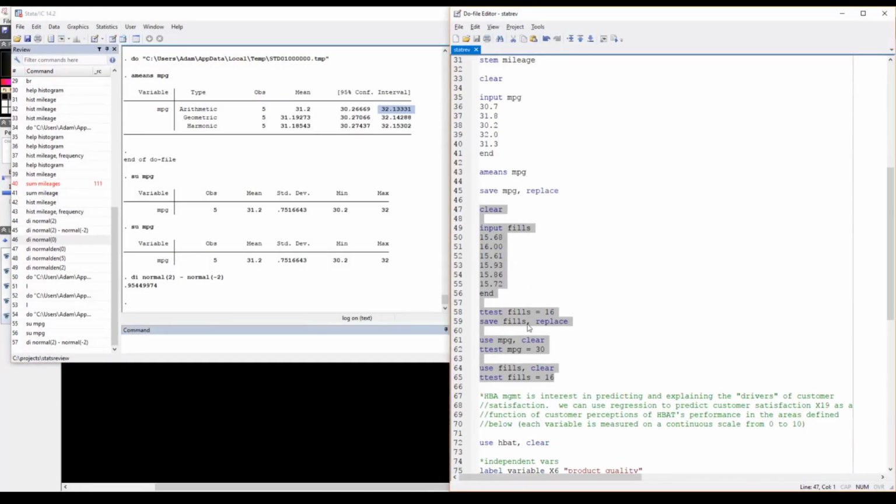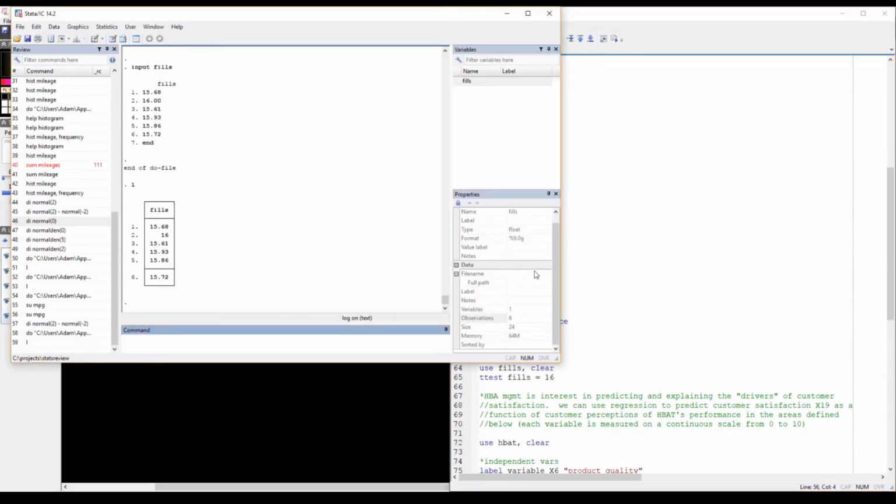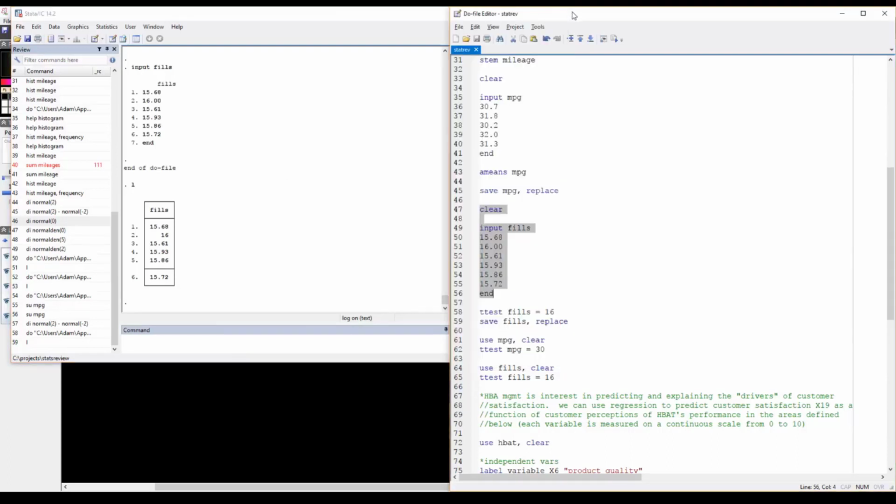Let's say that we get a sample comprised of these values. I'm going to clear the data and input this fills variable. I'm going to list, and these are our 6 sample values: 15.72, 15.86, 15.93, 15.61, 16, and 15.68. So we take this random sample and this is what we get.